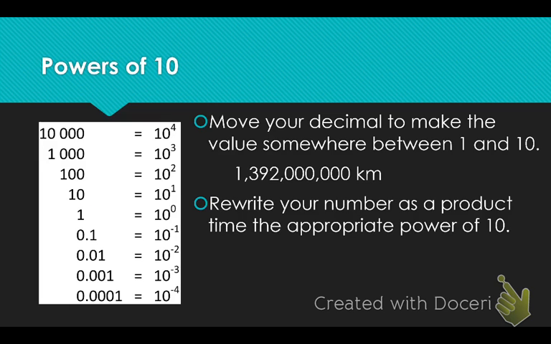If you notice, the exponent matches the number of zeros. If we go smaller, 10 to the negative 1 is 0.1, 10 to the negative 2 is 0.01, 10 to the negative 3 is 0.001, and 10 to the negative 4 is 0.0001.